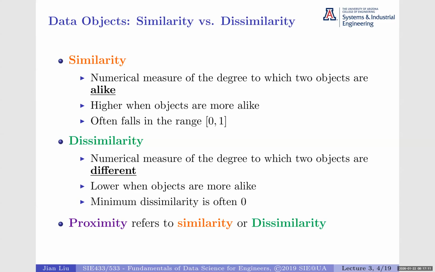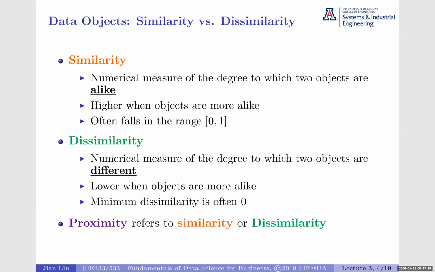That is actually the foundation for data science. And the basic idea is the so-called similarity and dissimilarity. What is a similarity? It is a numerical measure of the degree to which two data objects are alike. If they are similar to each other, then we can have a numerical measure of that similarity.